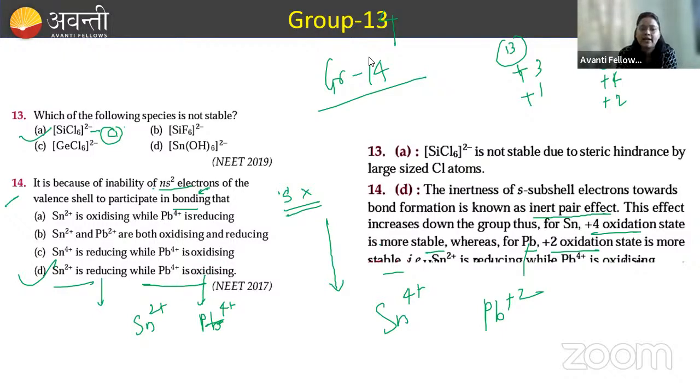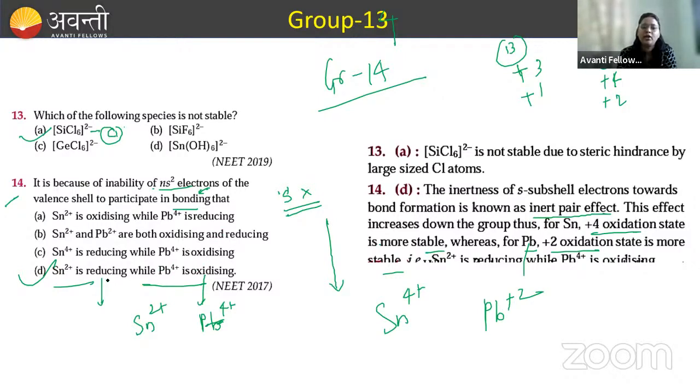What is reducing and oxidizing? Can you tell me? रिड्यूसिंग जैसे एक्ट करेगा मतलब वो क्या करेगा, इलेक्ट्रॉन दे देगा या इलेक्ट्रॉन ले लेगा. What do you mean by reducing and oxidizing? So reducing means what?